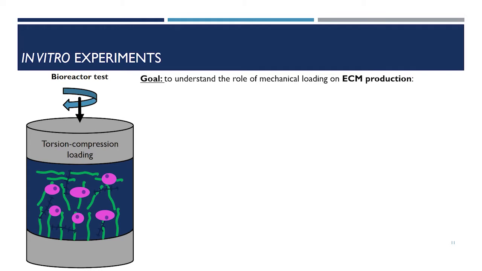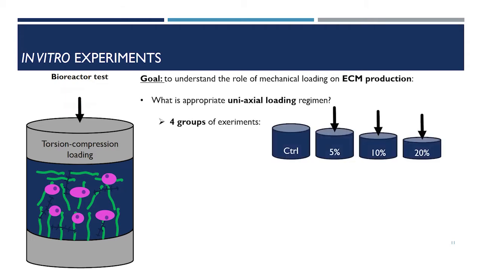We then evaluate how ECM production is affected by the different loading protocols. First, we focused on uniaxial loading conditions in which we compared 4 different loading magnitudes, dynamic compression of 5%, 10%, and 20% at 1 Hz for 1 hour and a control sample.